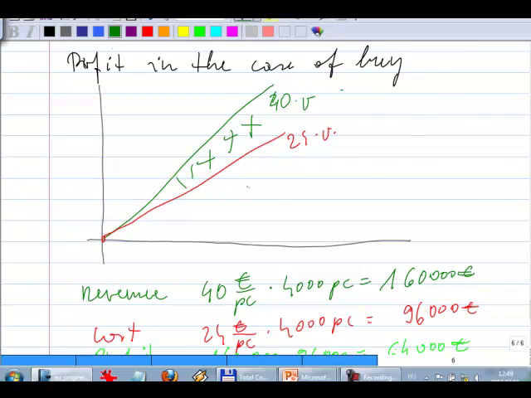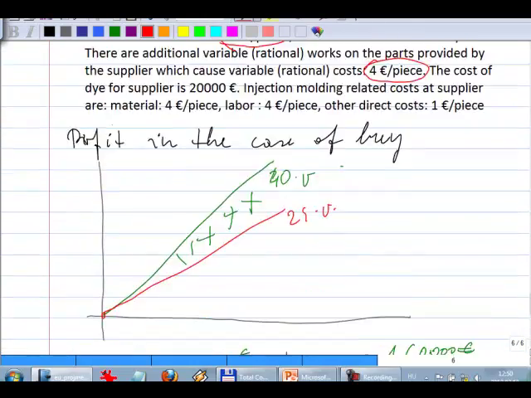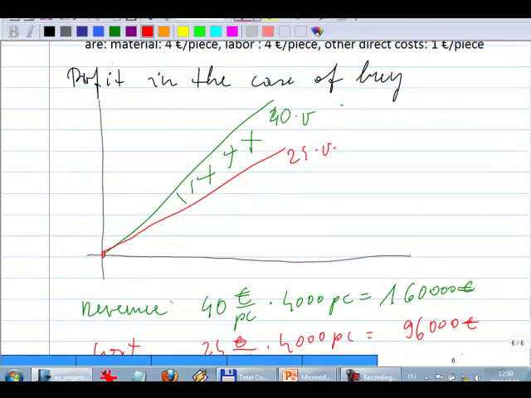In the case of making, sometimes we have profit, sometimes we have loss. When the profit at make is higher than the profit at buying.